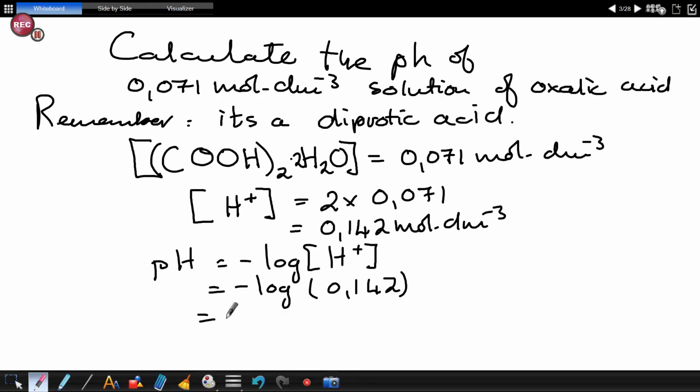Why do you do that? Because it's diprotic, because it gives up 2 hydrogens. Negative log of 0.142 is 0.85.